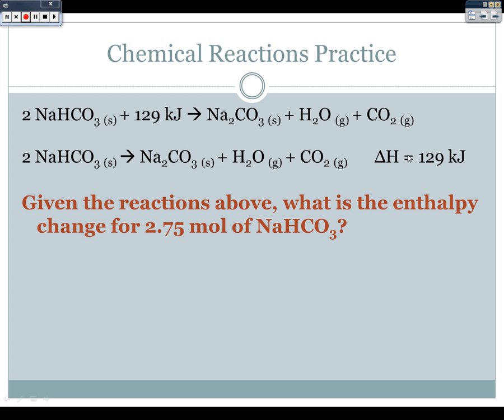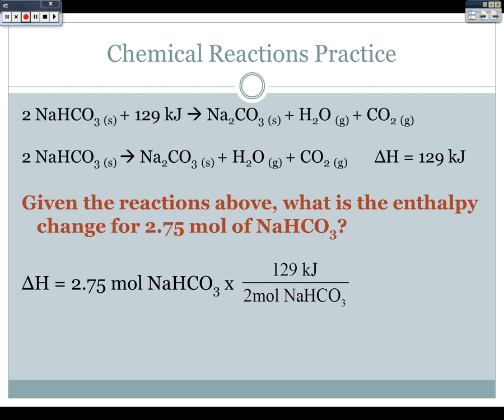If I'm then asked, given the reaction above, what is the enthalpy change for 2.75 moles of sodium hydrogen carbonate, I would need to do a little bit of calculating, because this 129 kilojoules is for the reaction as written here. According to this reaction, I only have 2 moles of sodium hydrogen carbonate. But what if I had more? What if I had 2.75 moles? You would solve this very much like any unit conversion problem or stoichiometry problem.